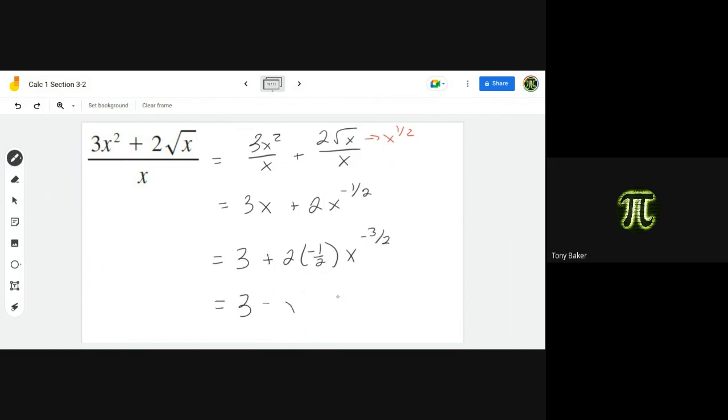Where'd you get the negative? That's x to the first. Oh, you're fine. And that would be my final answer. That's a lot easier to do than doing out the quotient rule for this one. The quotient rule would end up giving you the same answer, but you'd end up having to simplify a lot more down at the end.